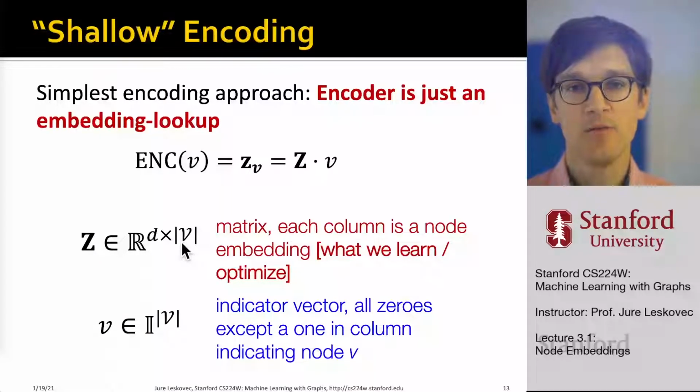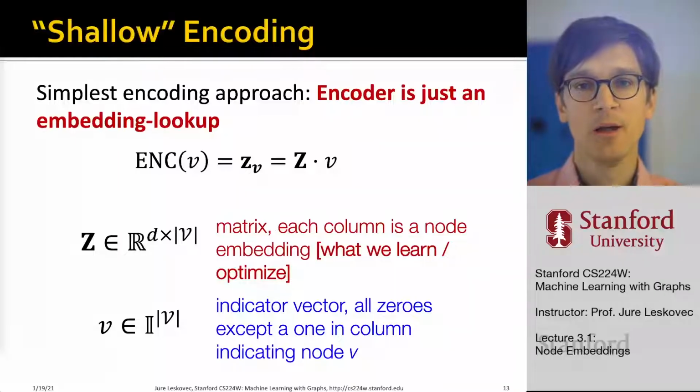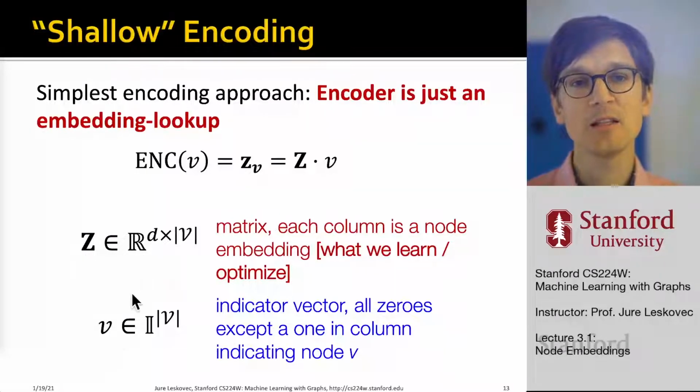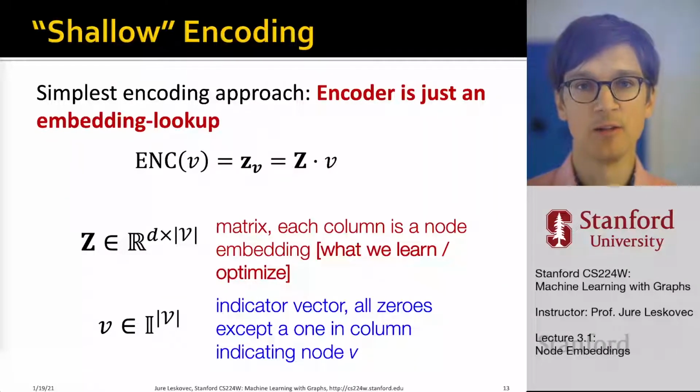So this means that for every node we will have a column that is reserved to store the embedding for that node, and this is what we are going to learn, this is what we are going to estimate. And then in this notation you can think of v simply as an indicator vector that has all zeros except a value of 1 in the column indicating the ID of that node v.